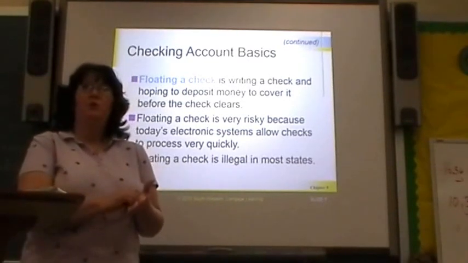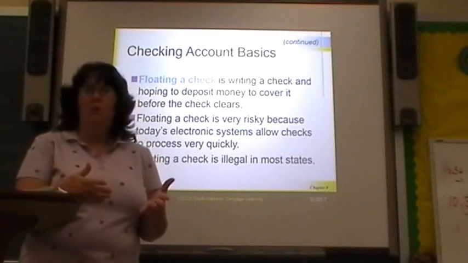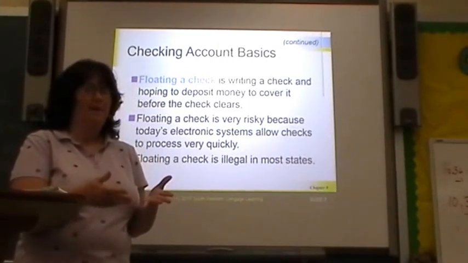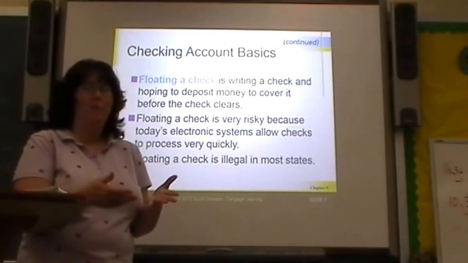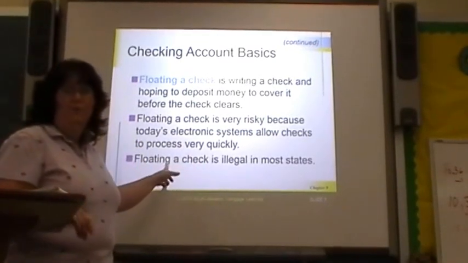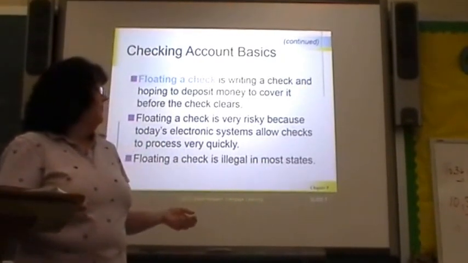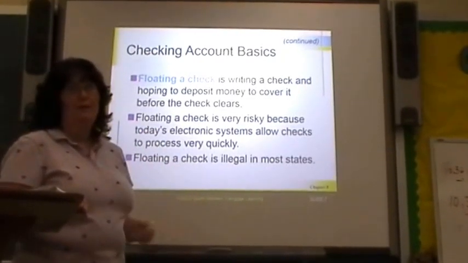So if you wrote a check this morning, did not have enough in your account, and were planning to deposit $50 today to cover it, you may find yourself in trouble because they may already have demanded payment from your bank before you get there to make the deposit.